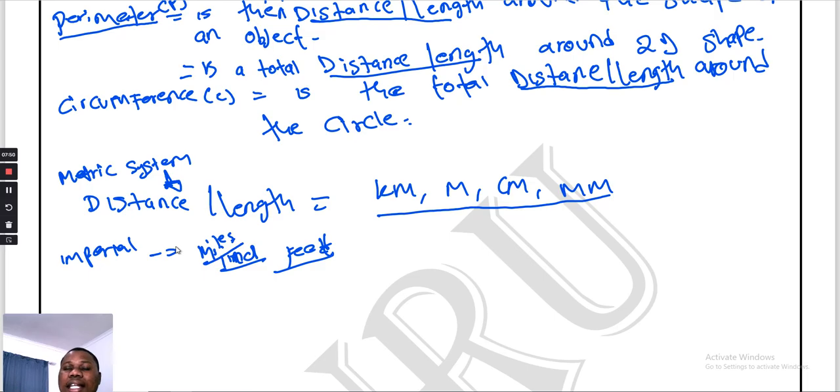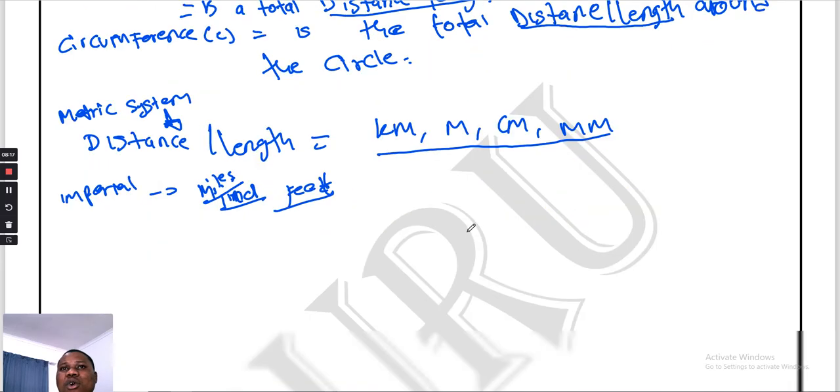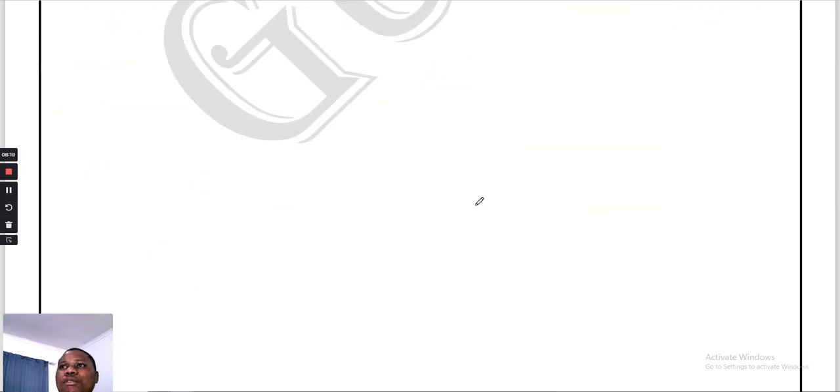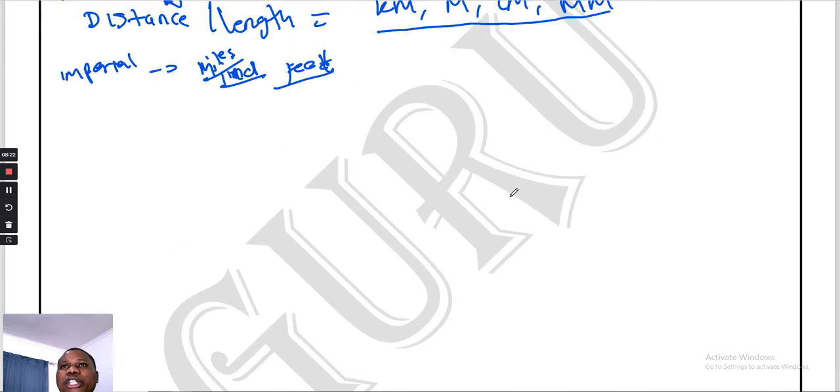The bottom line is that you cannot get the dimensions of an object given as kilograms or kiloliters. You need to differentiate between those. If you check that video, you will understand what is happening here. The distance can be measured with kilometers, meters, centimeters, and millimeters. Now we're going to move into our main core shapes. Let me write it here.